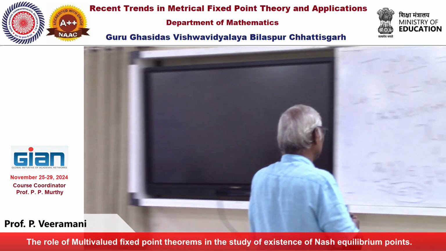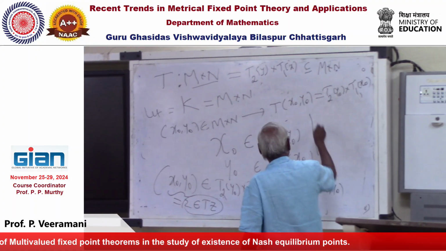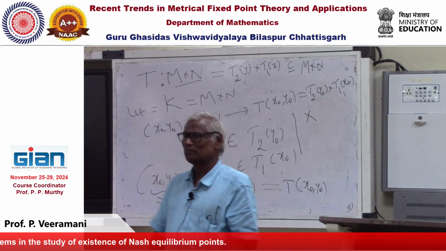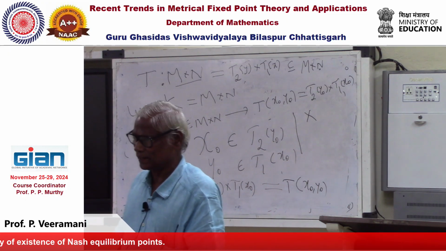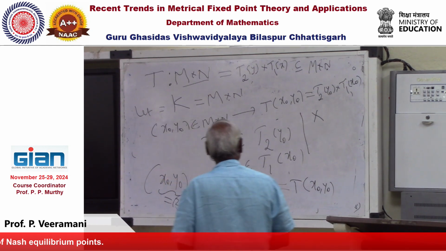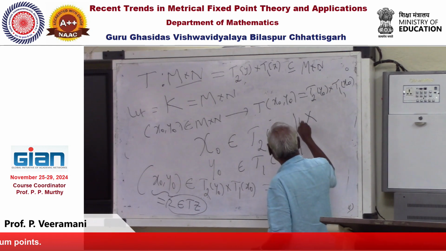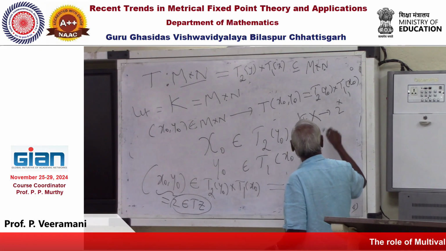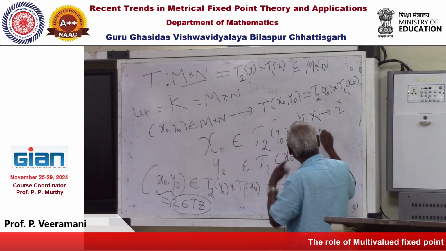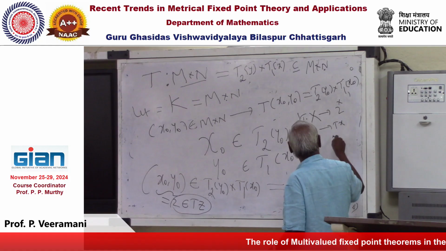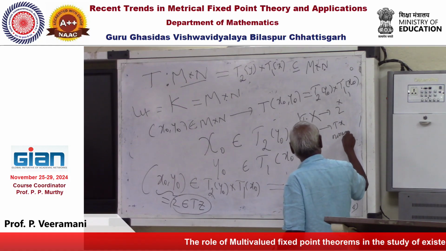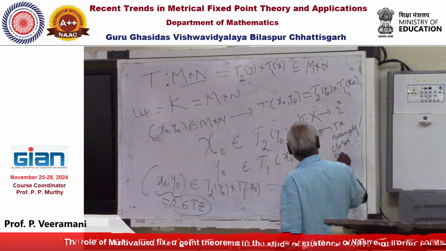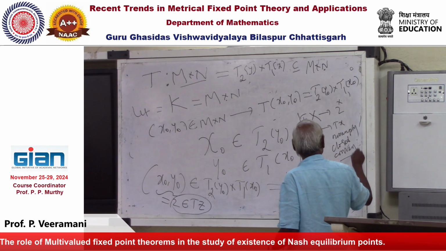I will write this: X is like even R power n, a vector space over R. T from X to 2 power X, that is, for each x the image Tx is a non-empty, closed, convex subset of X. Convex is more important.